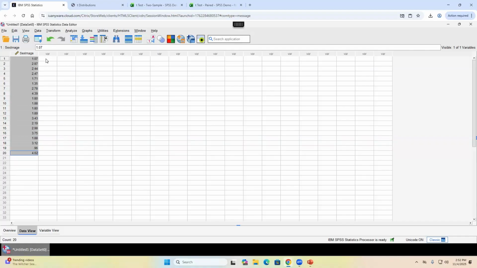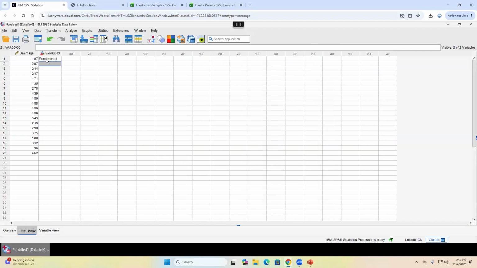So right next to it, we are going to write experimental. And then we're going to copy that. And using our shift and arrow key, we can highlight all of the cells that are next to the scores for sexual imagery. Then we hit Control V, and we have that group filled all the way down.